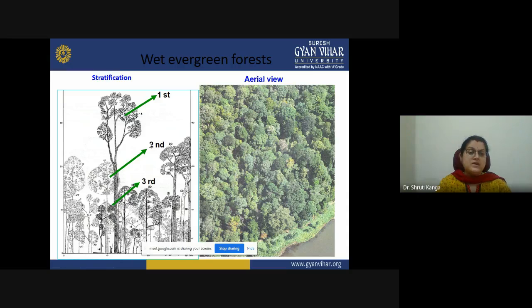As in the previous lectures, I have told you that stratification is related to the ages of the trees. Here you can categorize these trees. They have given a number to each and every tree, and they have classed them into three different age classes. You can see this is a first class, this is a second class, and this is a third class.